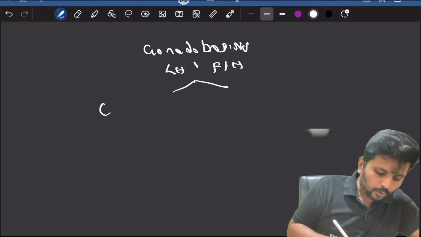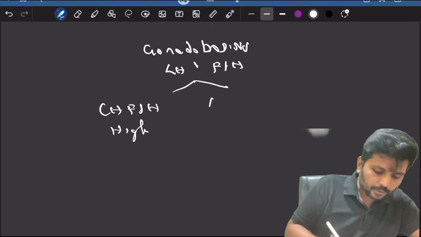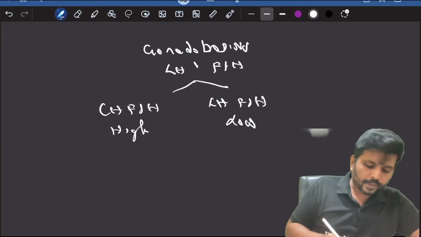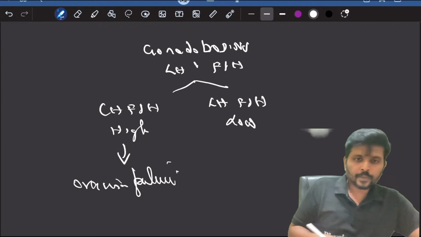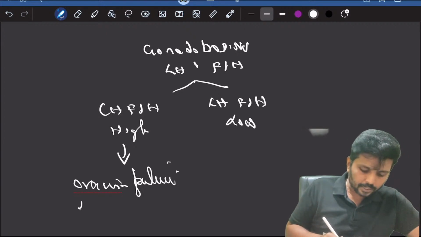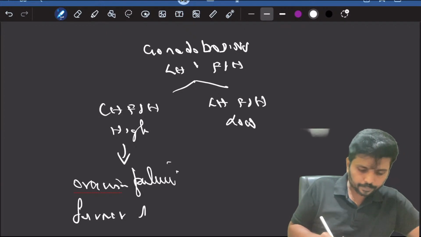You need to know whether LH, FSH is high or low. High LH, FSH means ovarian failure. That means it is nothing but Turner syndrome.